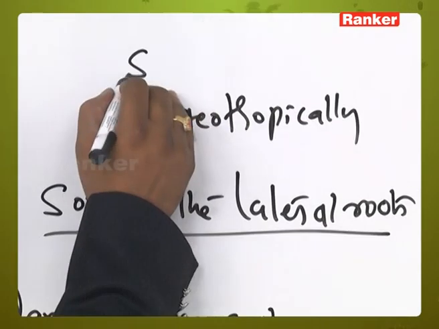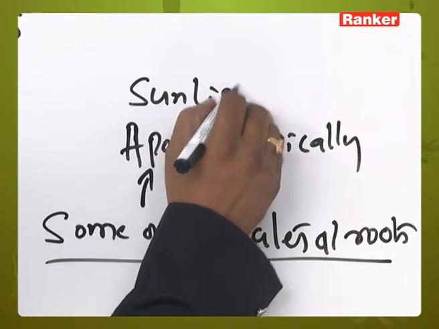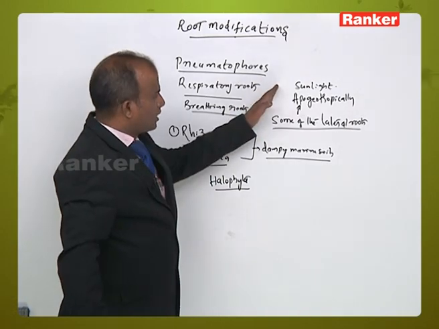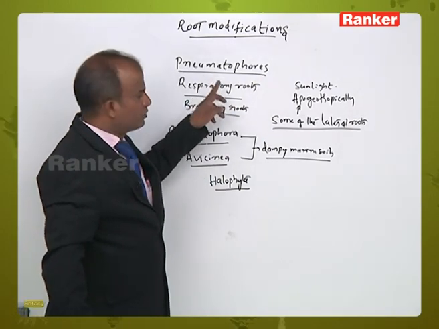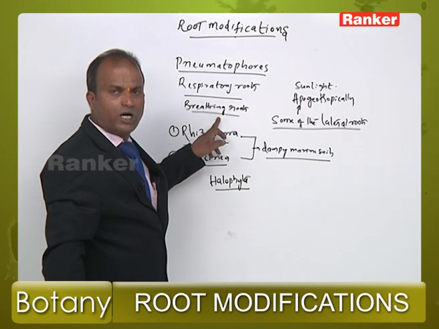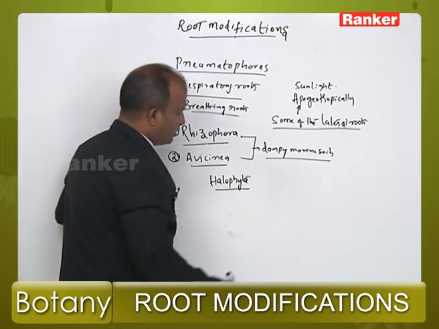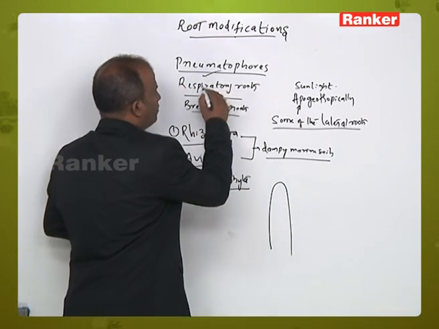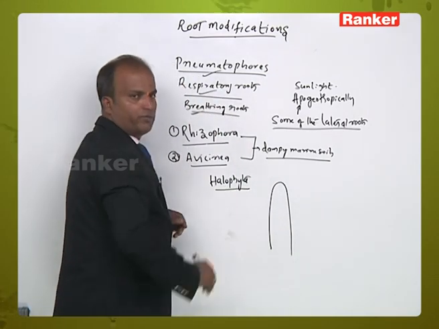Yes, they are growing towards sunlight. Those roots are nothing but nematophores, or respiratory roots, or breathing roots.